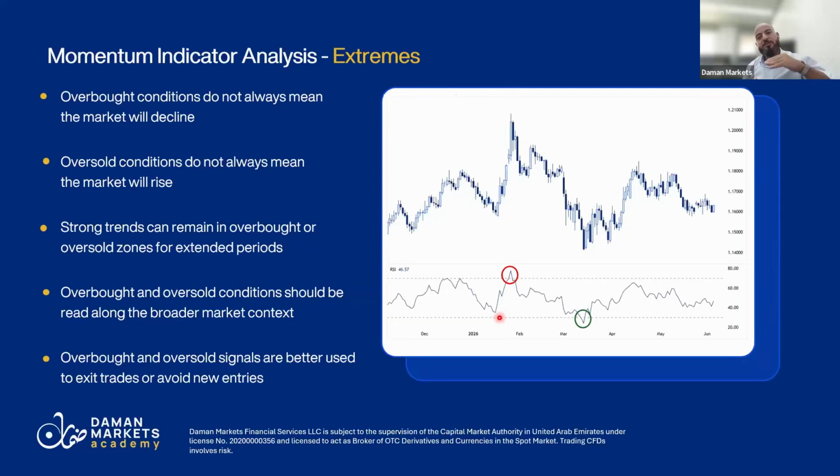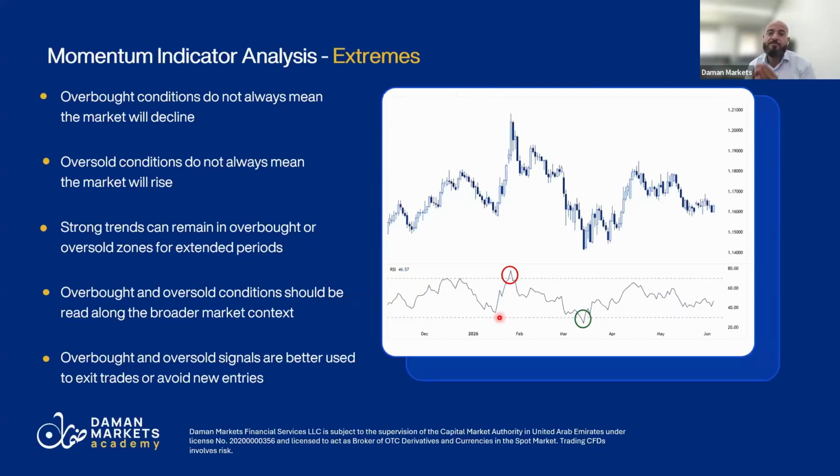When the RSI crosses above 70, it signals that prices are overbought. There's too much buying taking place. Prices have been going up at a speed that is not sustainable anymore. So overbought means that prices have been going up at a pace that is not sustainable.